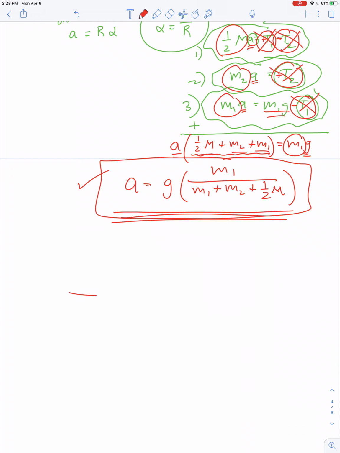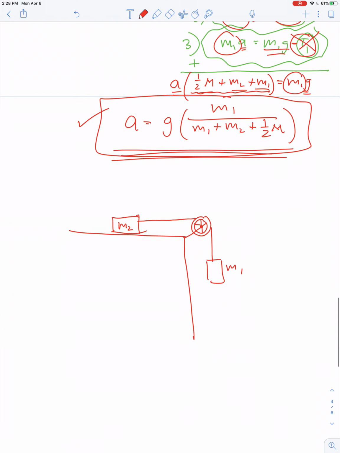Draw the modified version of the Atwood's machine. There's your mass number 2. Your pulley this time is in the shape of a hoop instead of a solid cylinder. A string passes over the rim of it. There's a strut that attaches to the center of the hoop, and so maybe there's a few little lightweight spokes, and then we've got mass number 1.